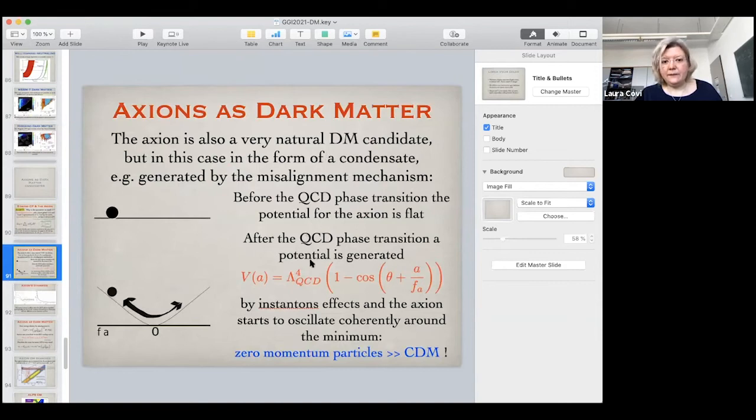Here is again the same slide about the generation, the misalignment mechanism, and here with the correct potential also. In this case, you can consider really the evolution, but apart from what I discussed in the slide on the tablet as a kind of estimate, of course, nowadays you can do numerical simulation.